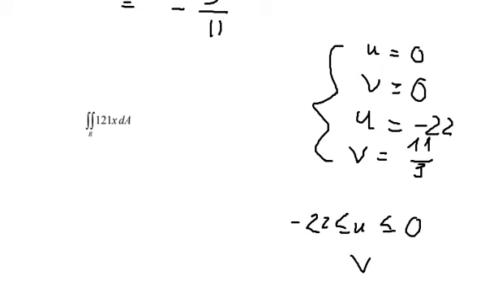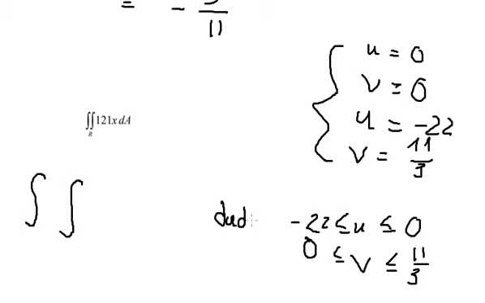About v, that's between 0 to 11 over 3. So this one, I will use u first. So we have du, dv, u from negative 22 to 0, v from 0 to 11 over 3.